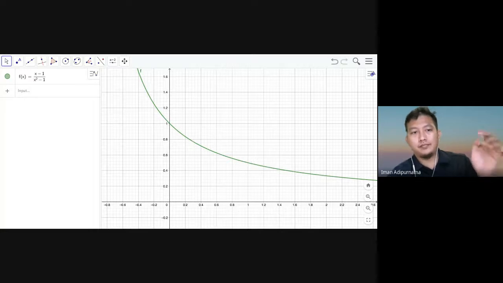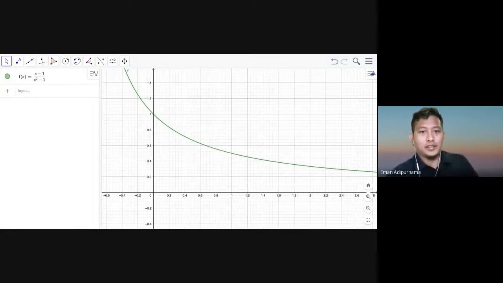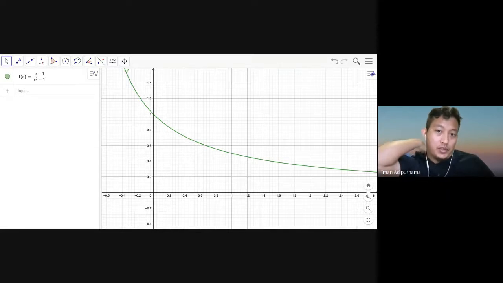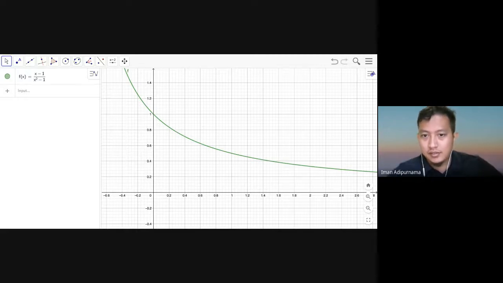Okay, we have x minus 1 over x squared minus 1. If you plug in this function and graph it in GeoGebra, is there anything weird? What happens when x equals 1?